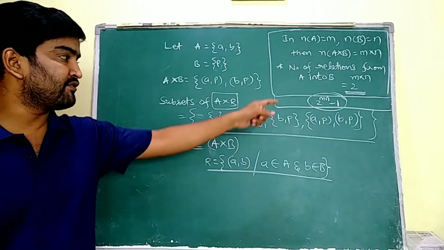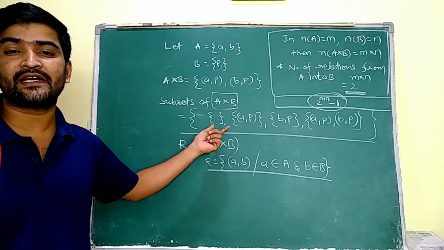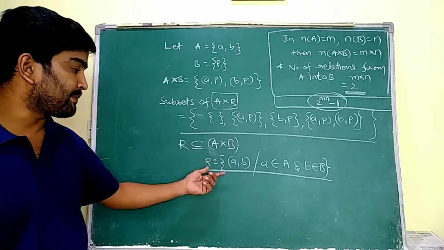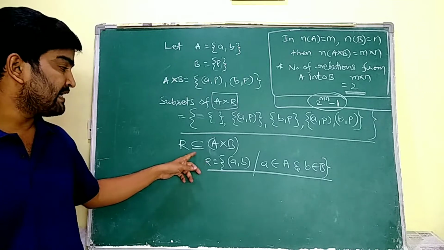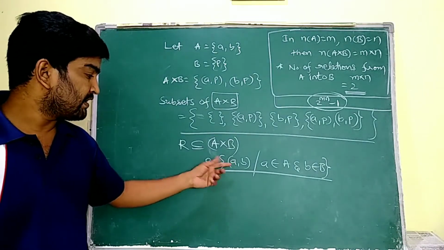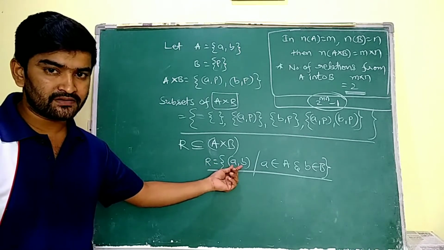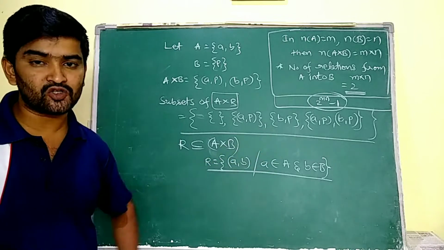Okay, now why I am reducing 1 is because of this empty set. Now this empty set is not a relation actually from A to B. Why? Because it is not going to satisfy the definition of the relation. See, a relation is a subset of the Cartesian product where all the elements of the relation are ordered pairs (a,b) such that a belongs to A and b belongs to B.